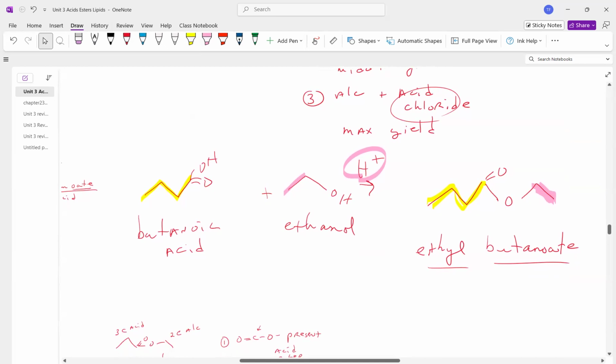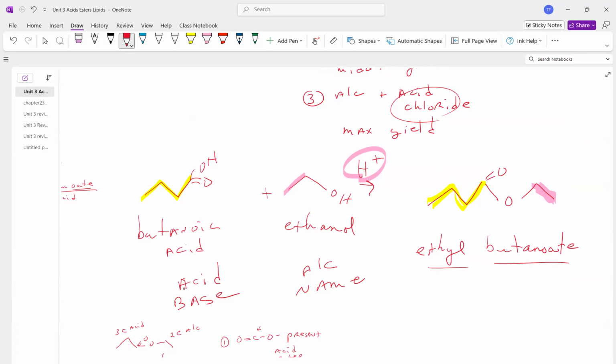Now, to name this guy, esters have 2 names that are put together. The first name is the alcohol name. Then the acid part. Okay, when we're looking at this ethyl butanoate, the acid part is next to the carbonyl group, the yellow, and it's 1, 2, 3, 4. 4 carbon acid.